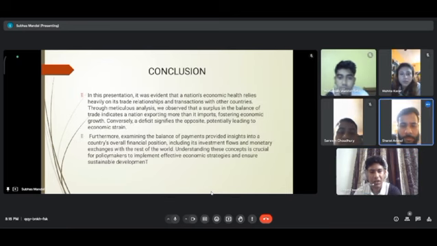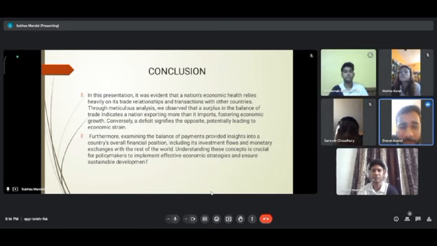From now on, Sharat will continue. In this presentation, it was evident that a nation's economic health relies heavily on its trade relationships and transactions with other countries. Through meticulous analysis, we observed that a surplus in the balance of trade indicates a nation exporting more than it imports, fostering economic growth.